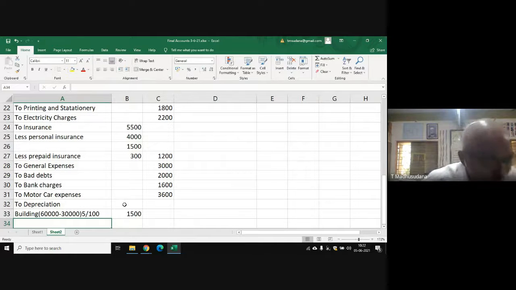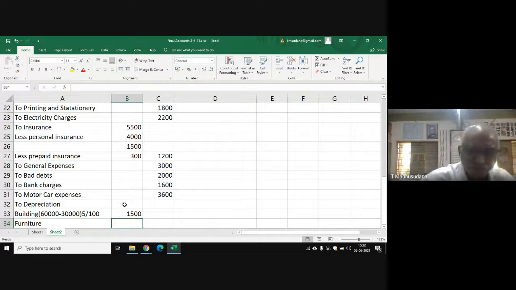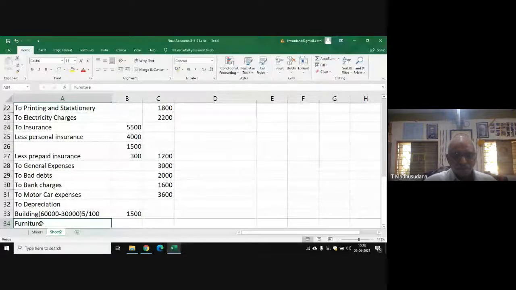Next, depreciation on furniture. As far as the furniture is concerned, here also there is some adjustment. You see the adjustment in 1B, furniture and fixtures by 10%.